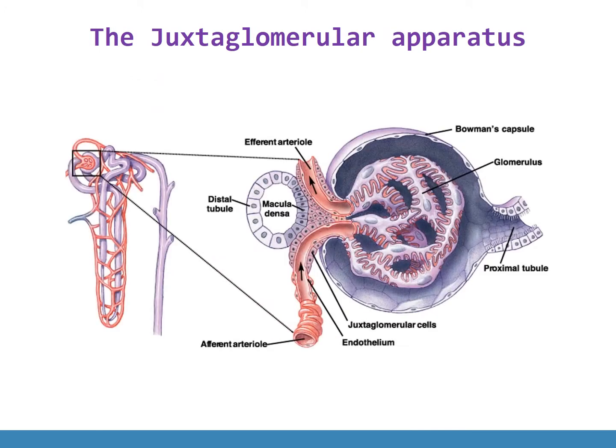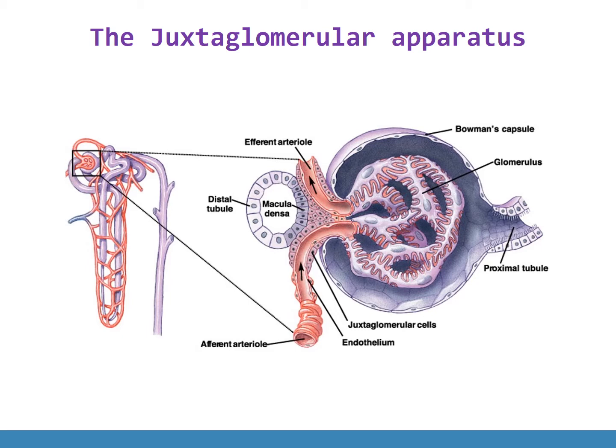Another important point to note here is that usually when the nephron is drawn, it is drawn in a schematic way. But if you look at the actual anatomy of the nephron, the distal convoluted tubule passes very close to the glomerulus, actually coming in contact with the afferent and the efferent arteriole.